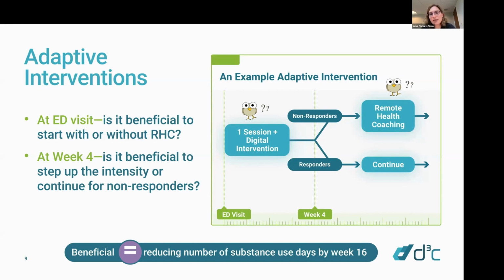Second reason why I mentioned this multiple times is because I want you to notice that the outcome that I'm focusing on here is actually a distal outcome. It's a long-term outcome. And later on, when I talk about JITAIs, I'm going to focus on a proximal outcome, and I want you to notice the difference between the 2. And if you remember, please ask me why. Why is it that here I'm focusing on a distal outcome, and when I'm focusing on a JITAI, I'm focusing on a proximal outcome? I'm trying to engage you, okay?